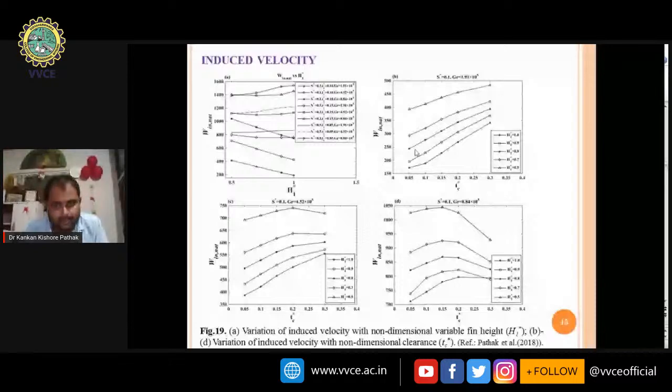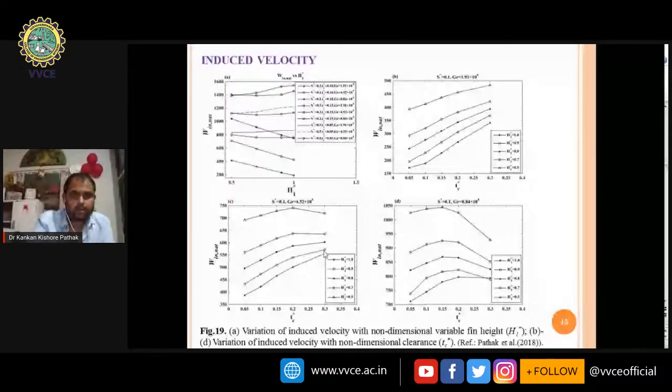And for the middle Grashof number, it almost attains a maximum and then goes decreasing. But for the constant height fin or the conventional design, that is H1 star equal to 1.0, that means 100% of the constant height fin, it is always increasing.